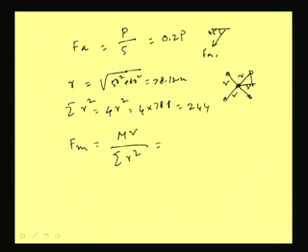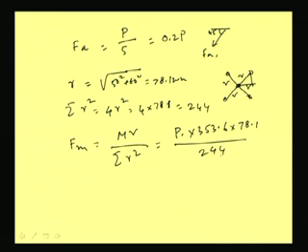M means P into E, E is nothing but 353.6, into R, R is 78.1, by 244 thousand.